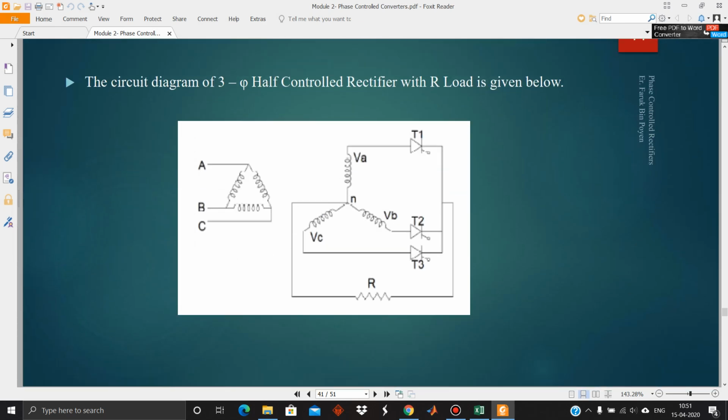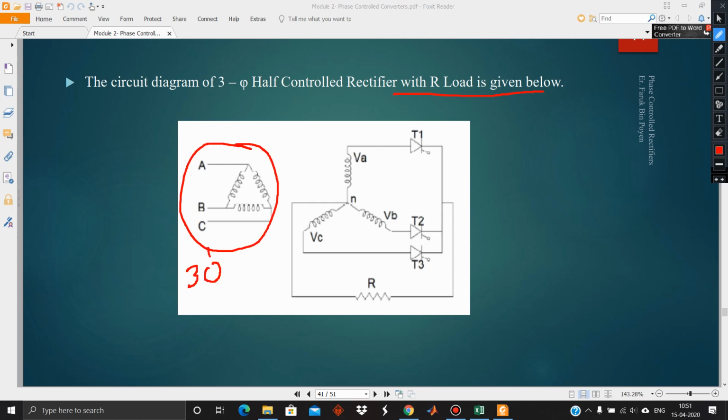So this is the circuit diagram of the three-phase half control rectifier with R load. So you see this is a three-phase power supply, which is connected in delta, and the secondary is connected in star.